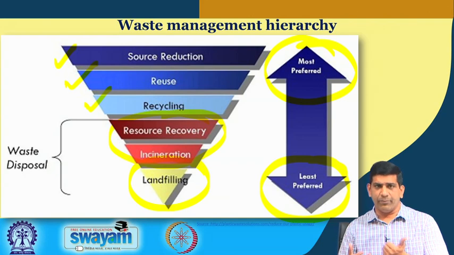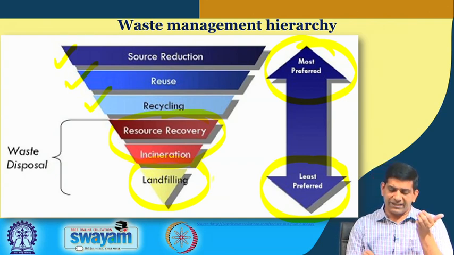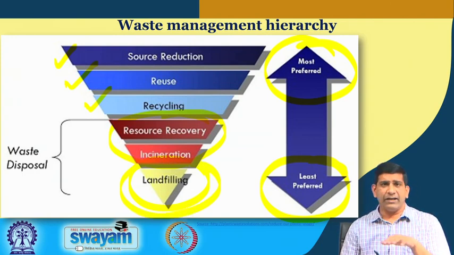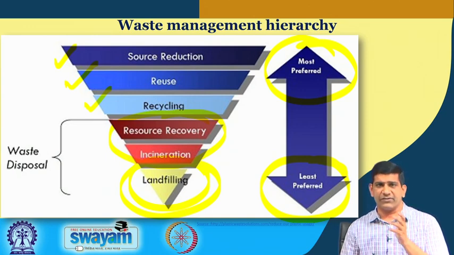So, what we have in most places is essentially a dump site where the waste is ending up. Although landfilling is the least favored option, that is where most of the waste is ending up, and that is happening in other countries as well, not only in India. Even in the US, close to 55 to 60% of the waste is going to the landfill. In India it is more than 90%.